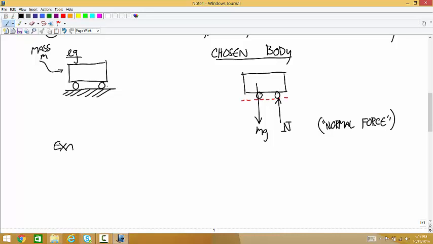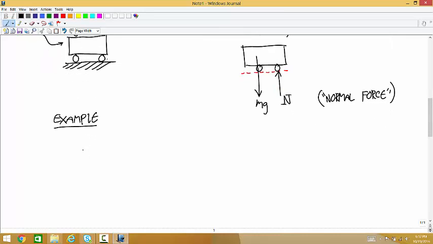Okay, so let's use this in an example problem. Let's say that we have a cart sitting on a surface, and let's say that the cart has a mass of 1 kilogram, and let's say that we apply a force to it of 10 newtons that way.